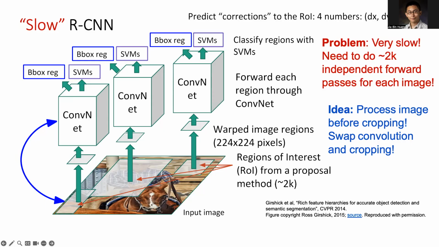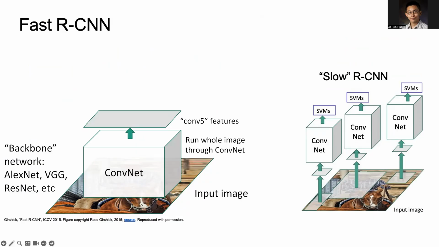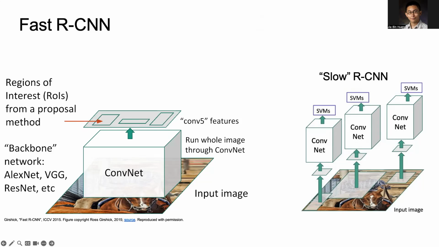And what you could do is to have a Fast R-CNN. By the way, this is the actual paper name, Fast R-CNN. What they do is swap the roles of cropping images and the CNN. You first run the CNN to extract features, and then on top of that you crop the features.